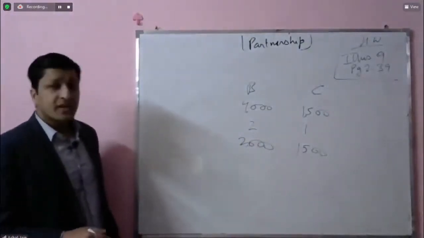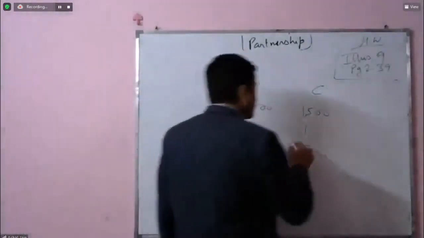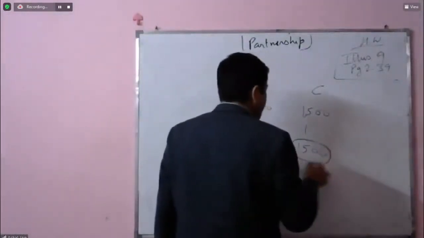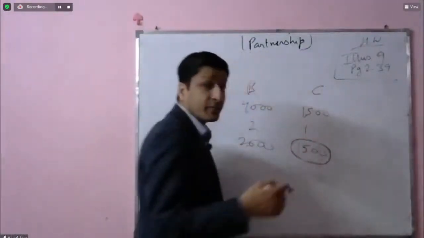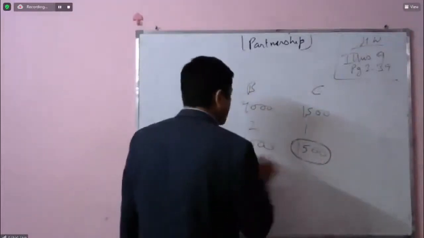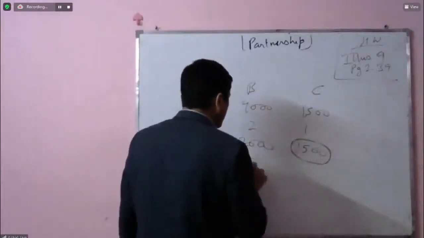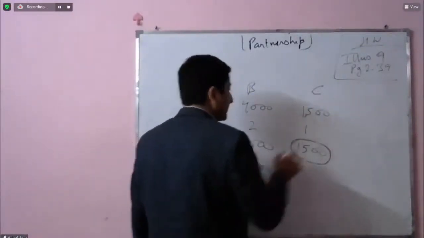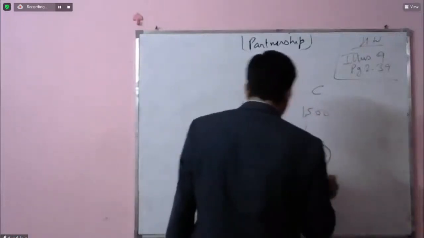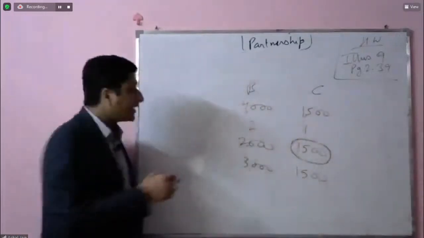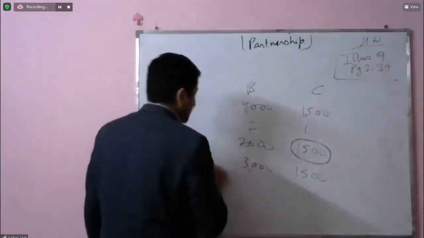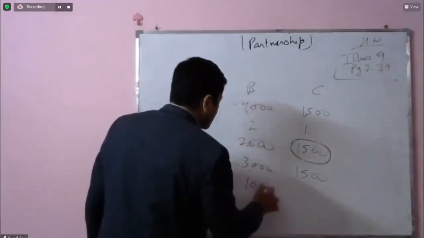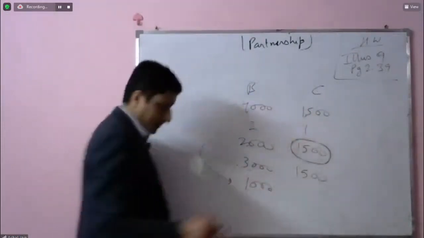No. So, once again, what do we do? We will pick up this one as the base, and we will recompute the amounts. So, what do we get? 1500 into 2, 3000 is what we will get. And this will be 1500. So, now what will be the excess capital? This minus this. 1000 will be the excess.